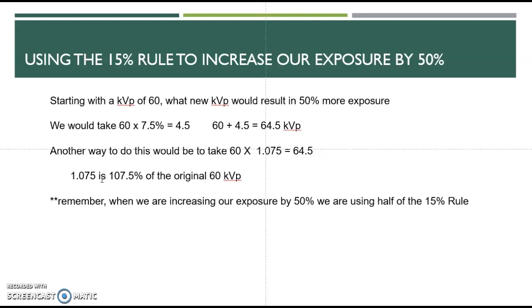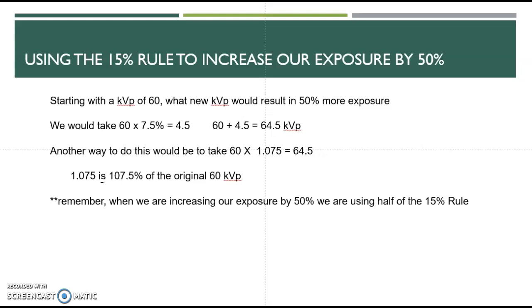We take the 60 kVp times 7.5%, and we come up with 4.5. Then we'll take the 60 plus the 4.5 for a new kVp of 64.5.